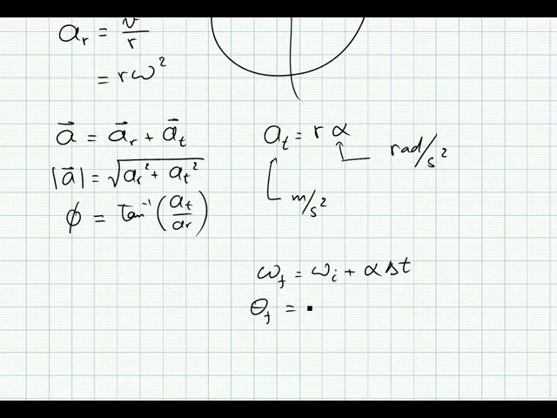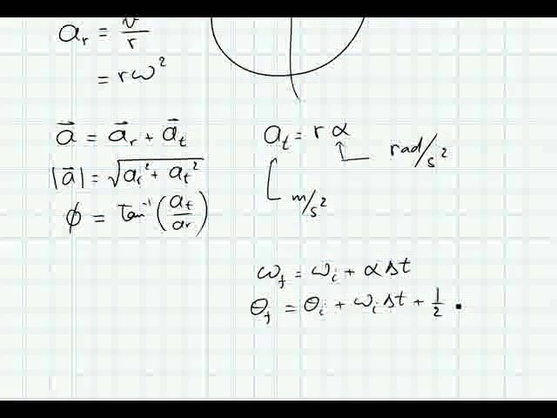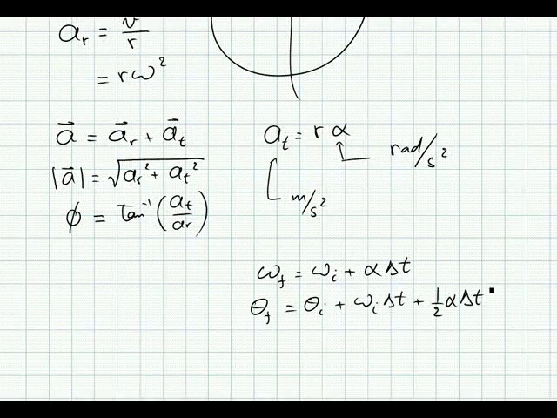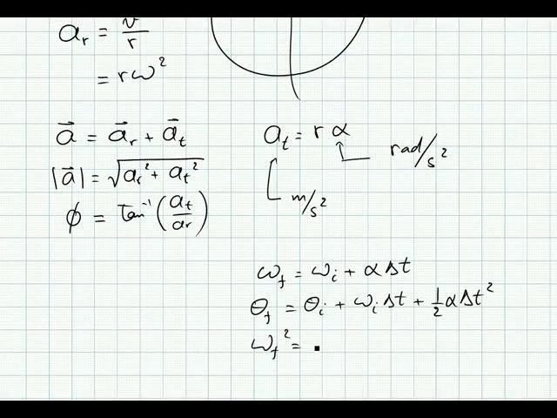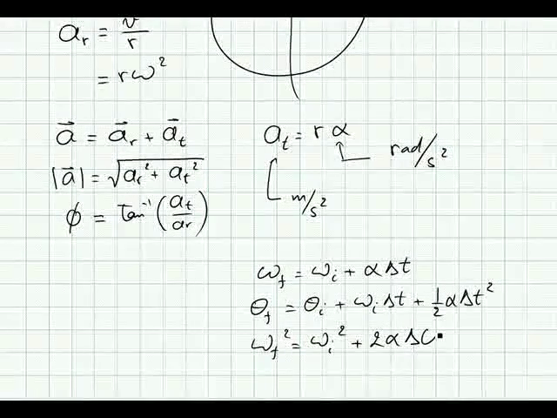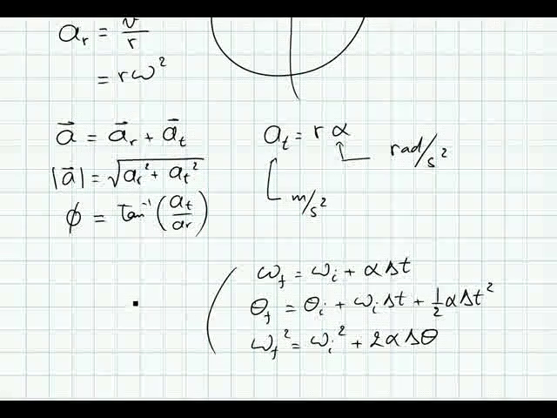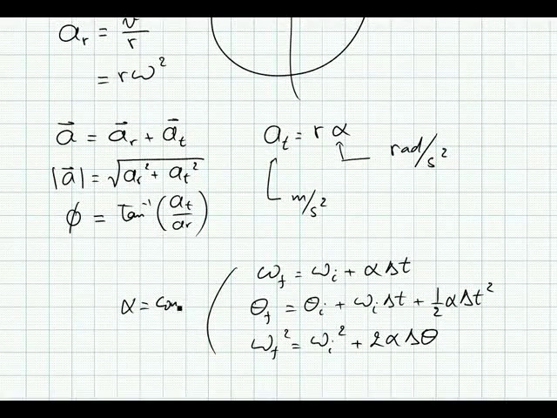Final angular position is equal to initial angular position plus initial angular velocity times delta t plus 1/2 alpha delta t squared, and omega squared is equal to initial omega squared plus twice alpha delta theta. These are valid only when alpha is constant.